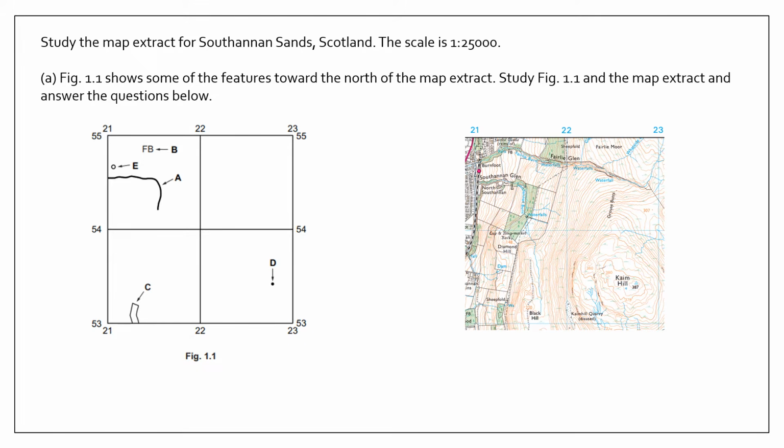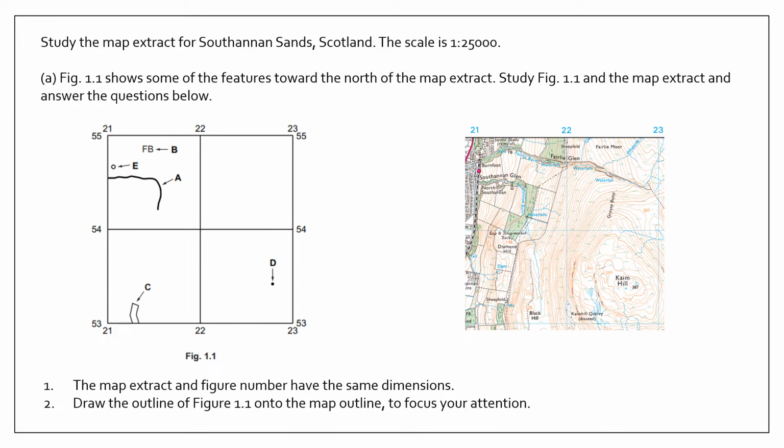So pretty much all of the map skills questions start off with this. You have a figure that extracts an area of the map and has some features identified, and you need to be able to tell me what those features are based on the map. Now, the first thing to remember with this is that the map extract and figure numbers have the same dimensions.